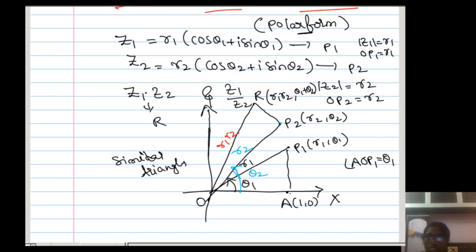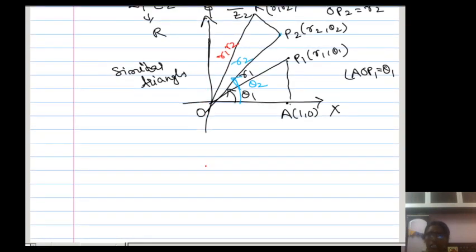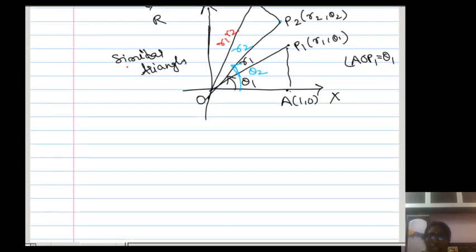Okay. Next, how to get the total angle theta1 plus theta2. OR is R1, R2. Why? Because geometrically I can explain with the similar triangle concept. The two triangles AOP1 and P2OR are similar triangles.